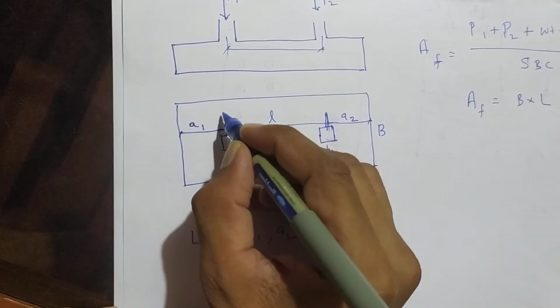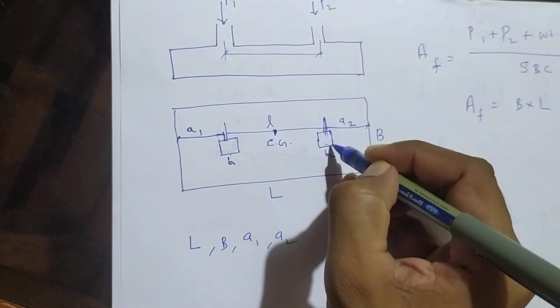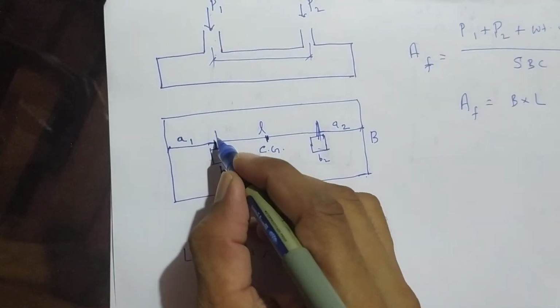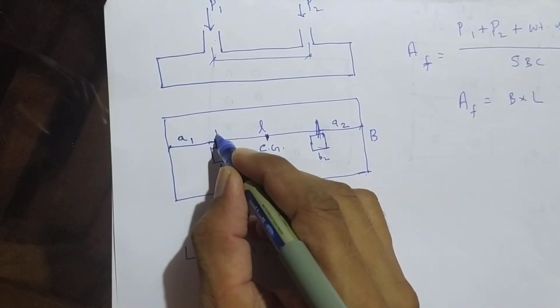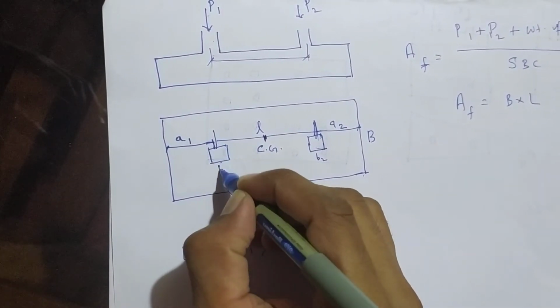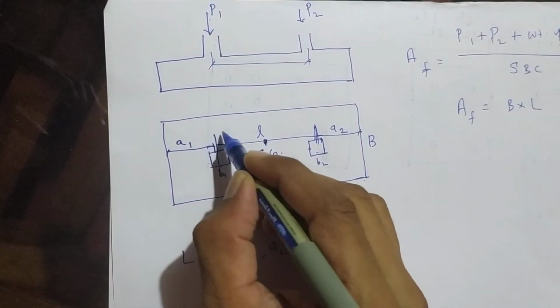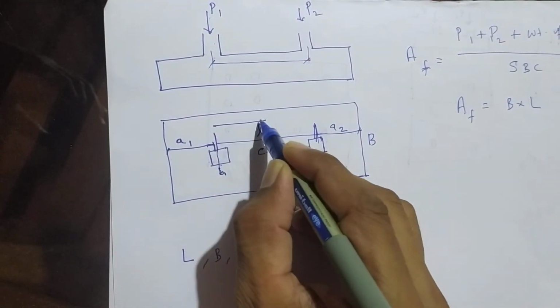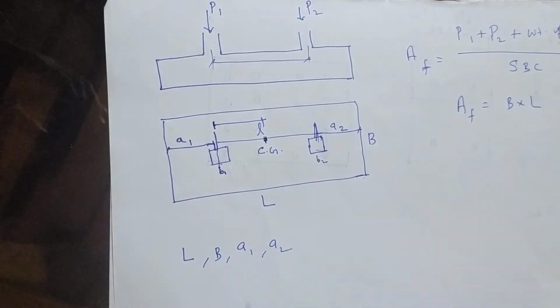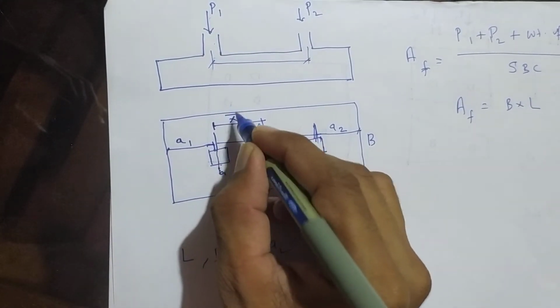For a rectangular footing, the center of gravity will be exactly at the center point, right? So this is your P1, this is your P2. You can take moment about the center of the first column. Say the distance from the center of gravity to the center of the first column is x bar.